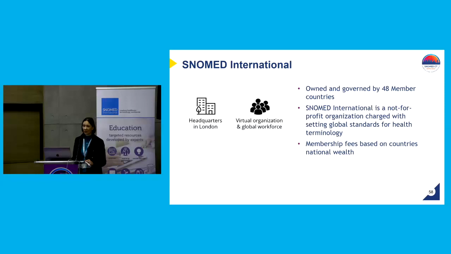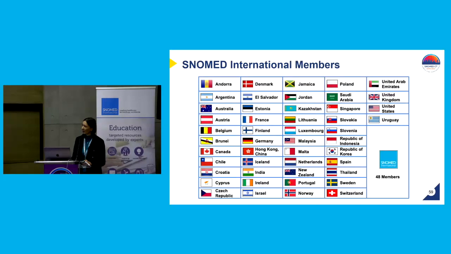We're a virtual organisation all across the world, so we all work remotely from far and wide, but with the headquarters in London. And then we've got membership fees that are based on countries' national wealth. So these are our 48 member countries, with France, who just recently joined, and also Croatia up there. So the numbers are steadily growing.